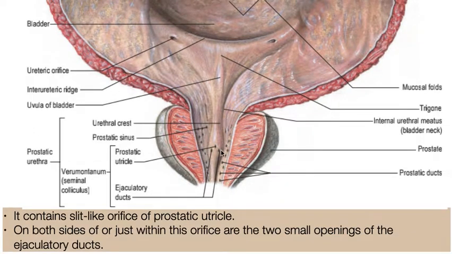Now, like I mentioned, it contains the slit-like orifice of the prostatic utricle. On both sides, just within the orifice, are two small openings for the ejaculatory ducts. This is an important diagram. The features of the prostatic part of the urethra are important.